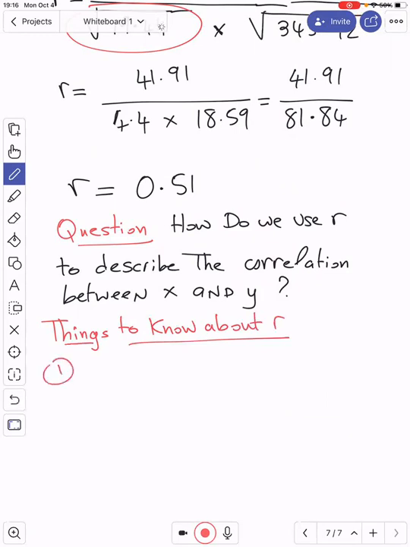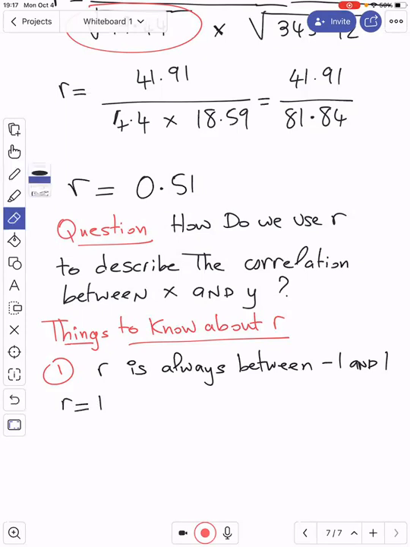All right, so first, R is always between -1 and +1. If R is exactly equal to 1, then we have a perfect linear correlation.